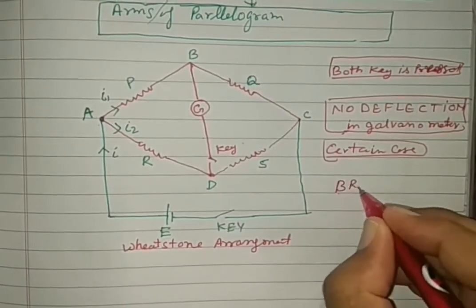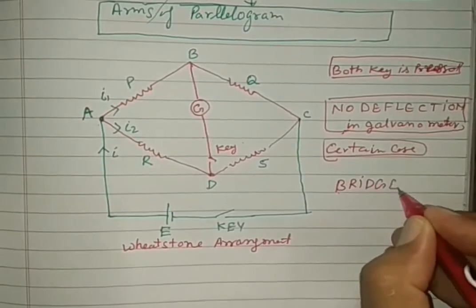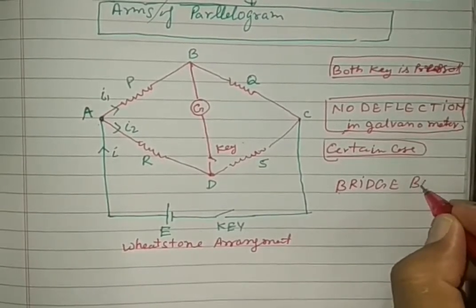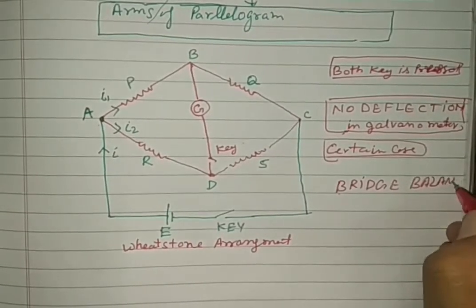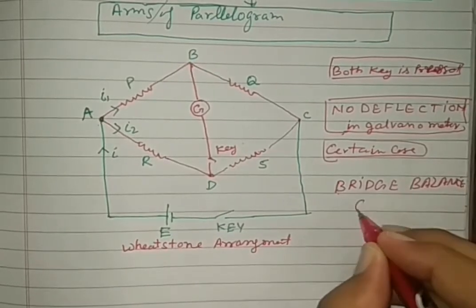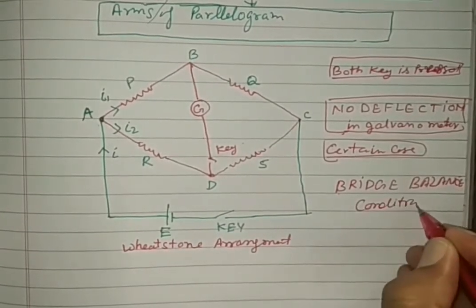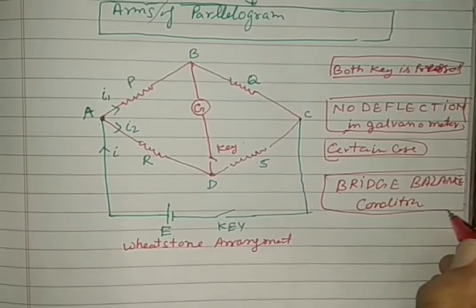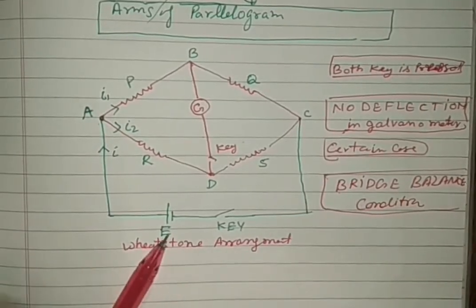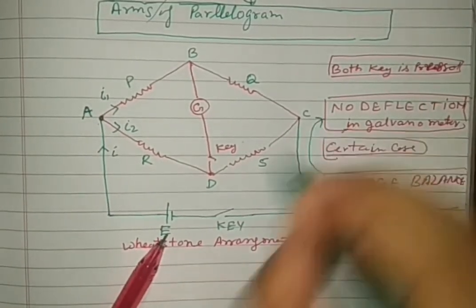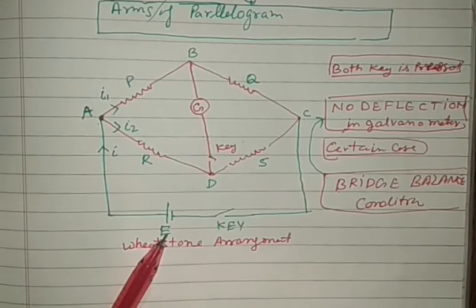No deflection in the galvanometer is obtained in a certain case. Then it is called bridge balance. Bridge balance condition. What is the balanced bridge condition? When there is no deflection in the galvanometer, that stage is reached, right?